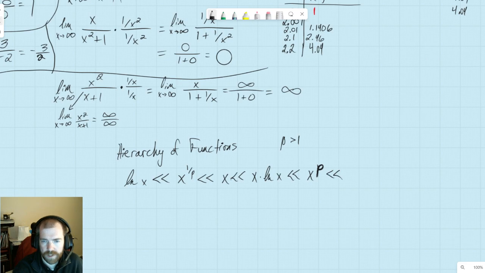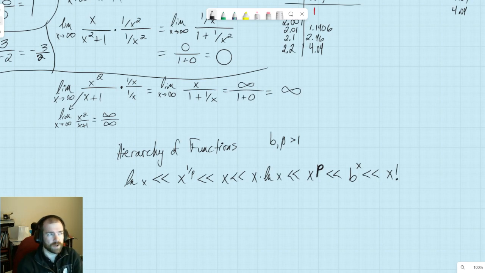That is going to be growing much less fast than an exponential function, so some sort of b to the x, where b is greater than 1. Which then grows much slower than a factorial function.